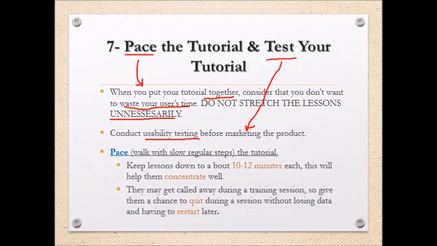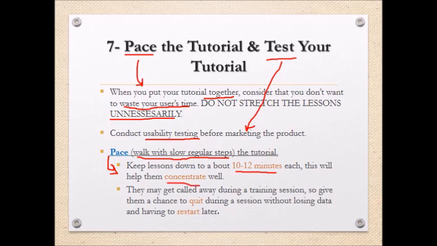Now, pace means walk with slow, regular steps. How we can pace our document or tutorial? We can pace the tutorial by keeping lessons down to about 10 to 12 minutes each. This will help them concentrate.